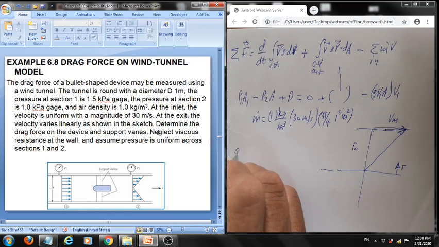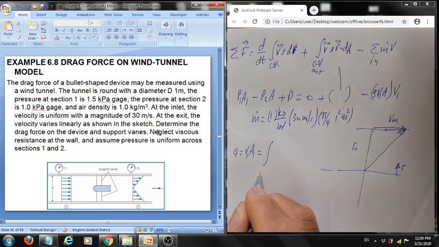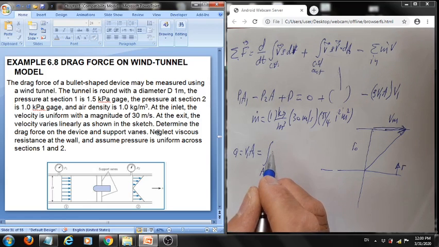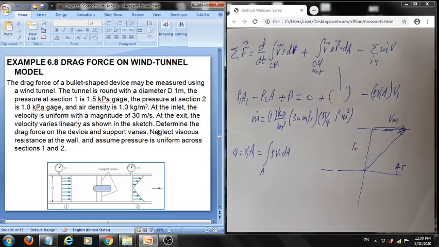The discharge at the inlet is V1A1 because it's uniform. The discharge at the outlet is non-uniform, so we have to integrate it around the cross-sectional area, rho v dA. Okay.